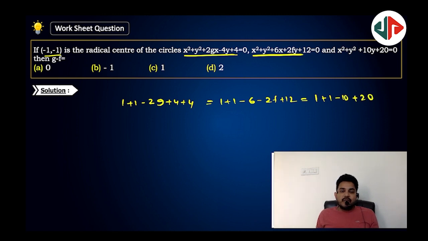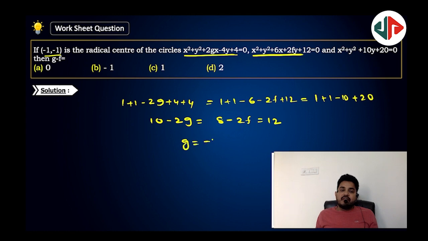So this value will be equal to 8 plus 10 minus 2g is equal to 8 minus 2f is equal to 12. Okay, so clearly you can write what is the g value.